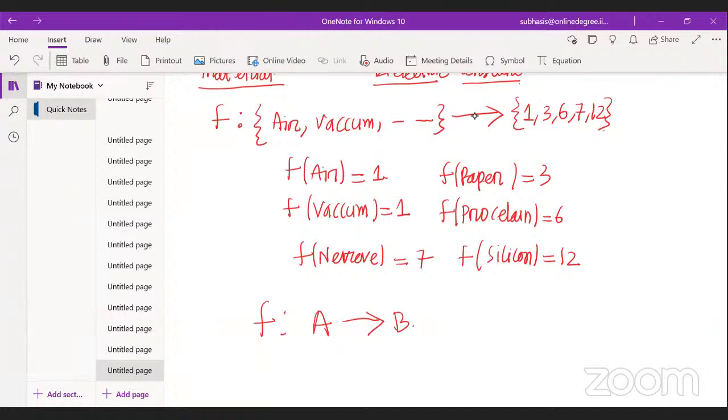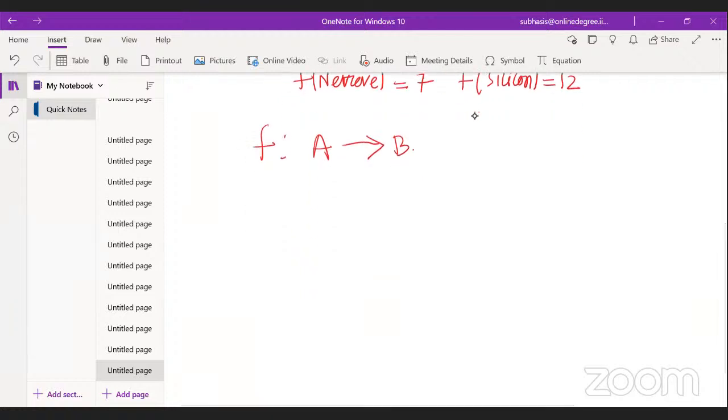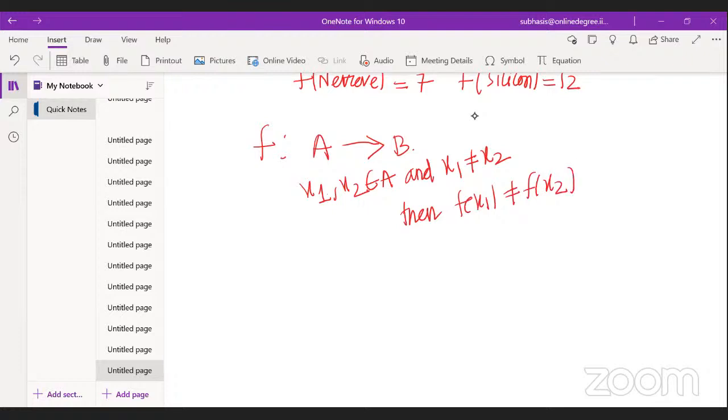Yes, two different elements in A cannot have the same image. This is basically the definition of 1-1. If you have two elements in the set A and x1 is not equal to x2, then f of x1 cannot be equal to f of x2. If f satisfies this condition, then you say f is 1-1.